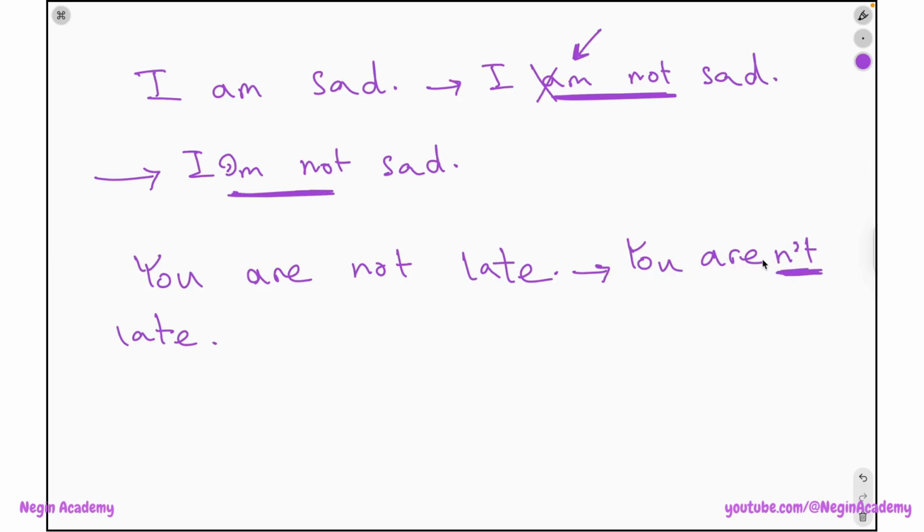How? Super easy. Look at the form of not. We just omit the O, the vowel in between. But we have another option. This is the first option whenever it comes to contracting the to be verb. And the second form of it is that I could say, for example, let me write it again.